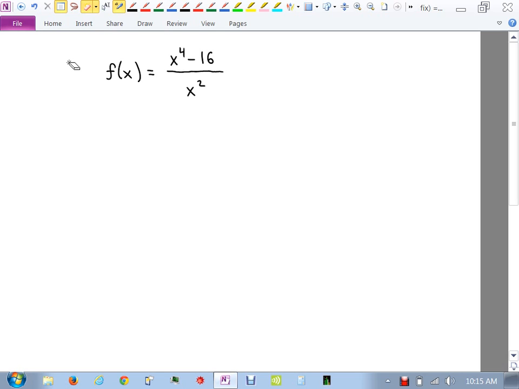Starting with the numerator, it's x to the 4th what? Okay.